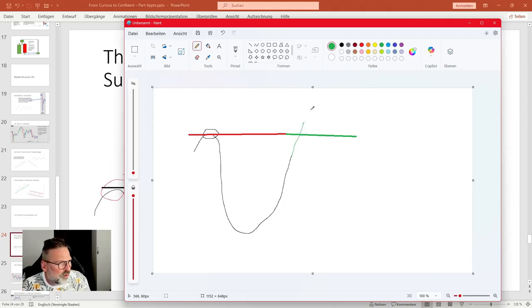Either there is continuation, a clean breakout, or we're coming back and then old resistance becomes now support, and you have a little bit more confirmation if you want to go long. Once you see this, you buy here, stop loss here, market goes further up. All right.